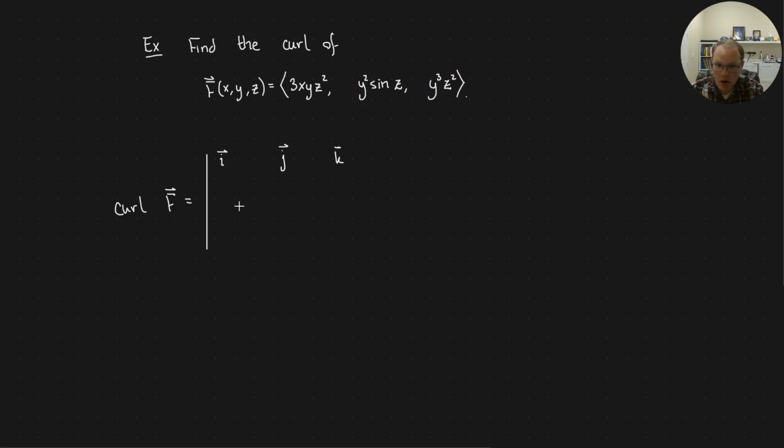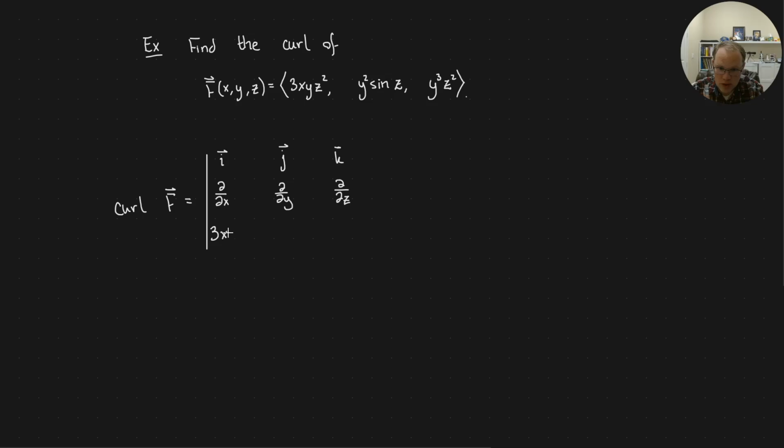The second row are my partial derivatives: partial derivative operator with respect to x, partial derivative with respect to y, partial derivative operator with respect to z. And the last row are the actual components of my vector field.